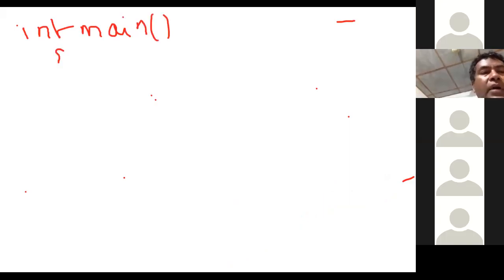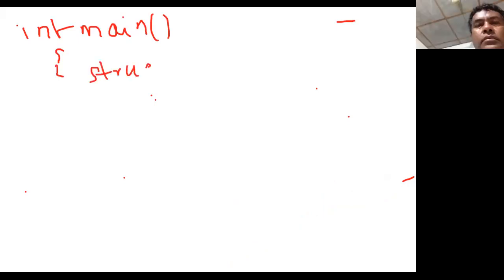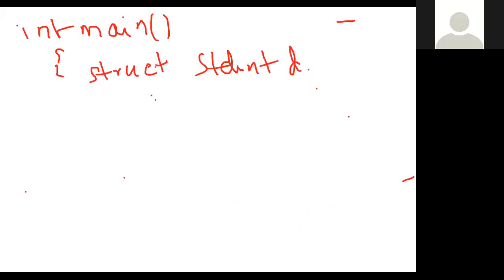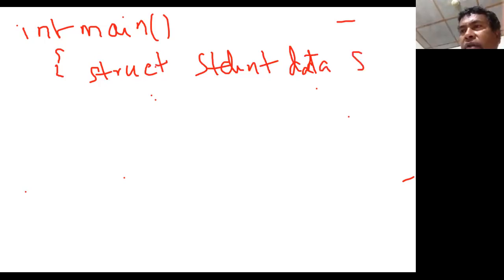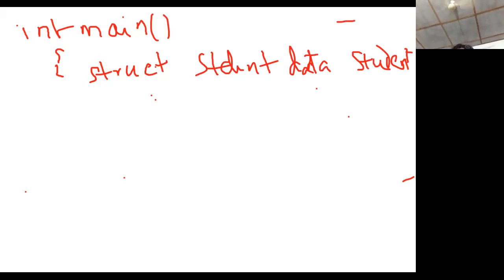The upper value, struct student data, for student. Over. Are you getting? Ended by semicolon.